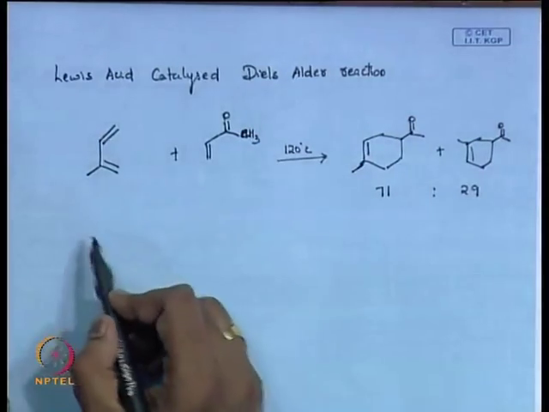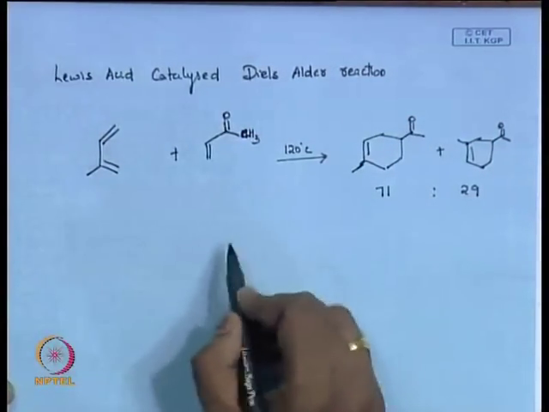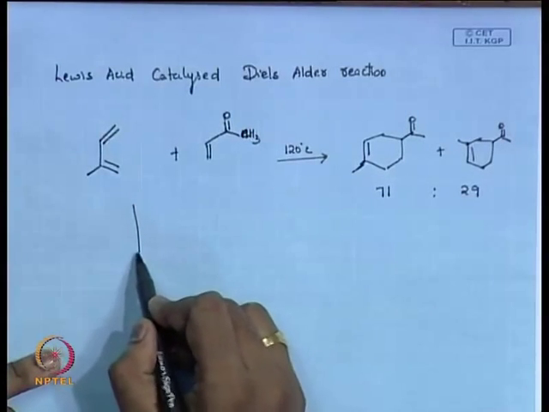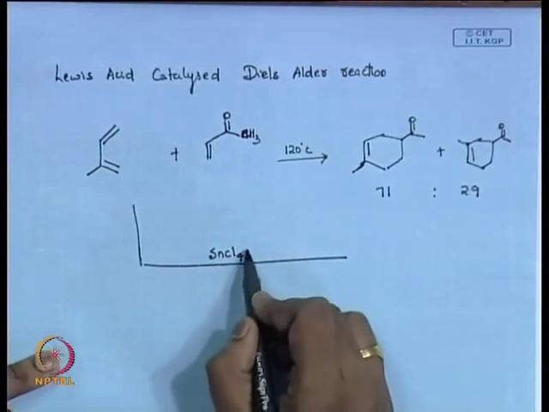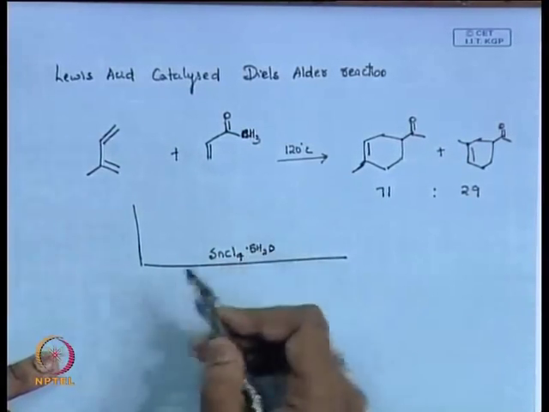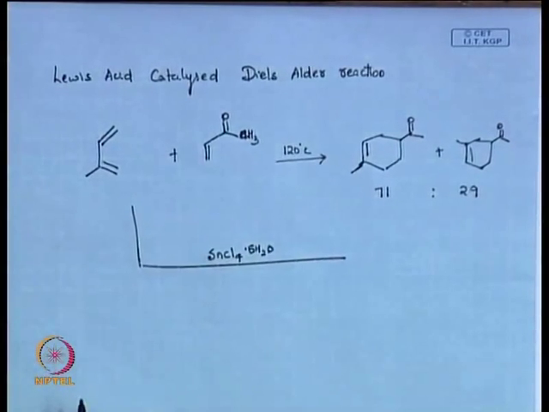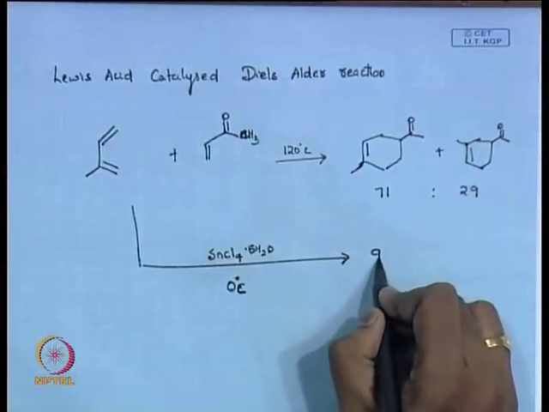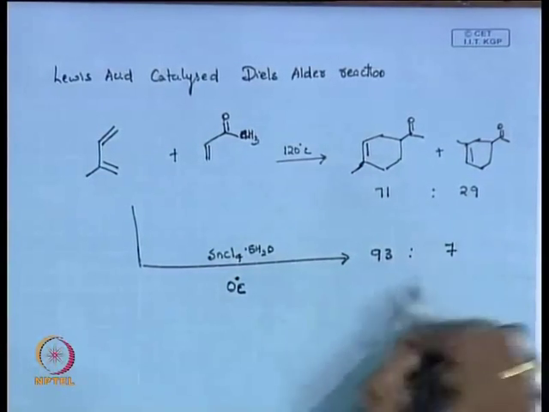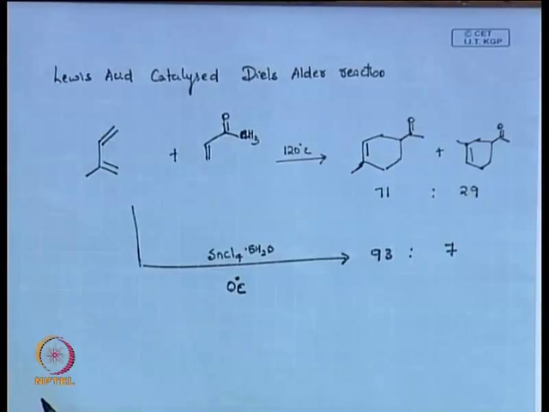But same reaction, if you do it in tin chloride, for example, if I do it in SnCl4, any Lewis acid, at 0 degrees Celsius, you end up with 93:7. So, you have an increase in the selectivity.